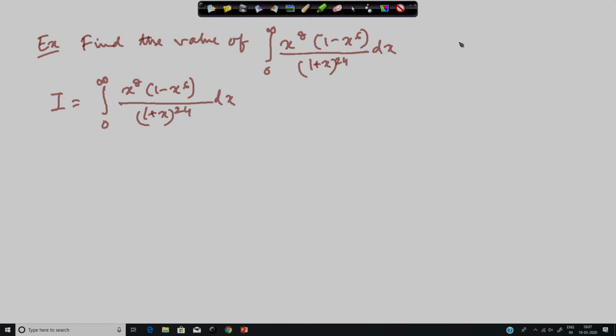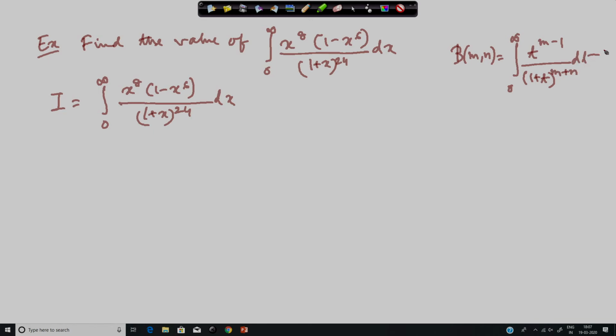We will use the form beta mn equals integral 0 to infinity t to the power m minus 1 over 1 plus t to the power m plus n dt.